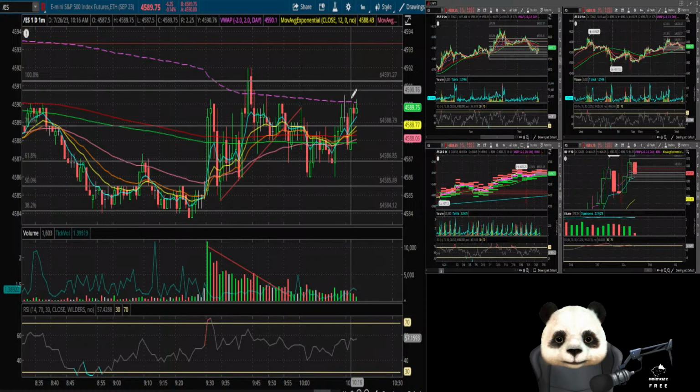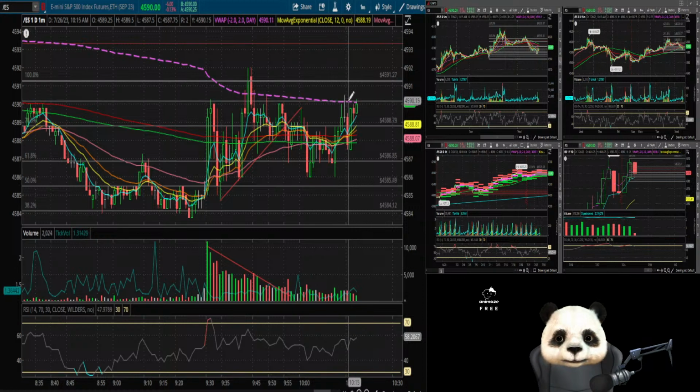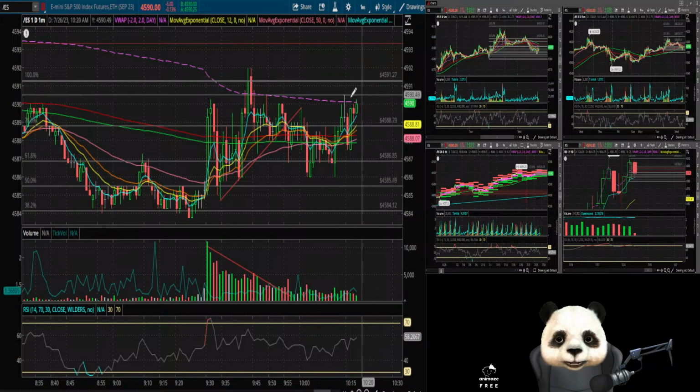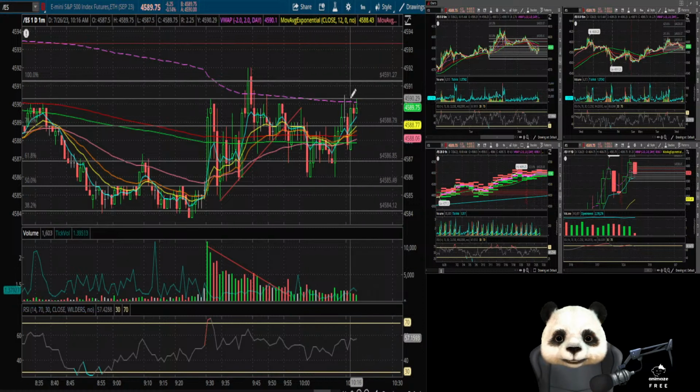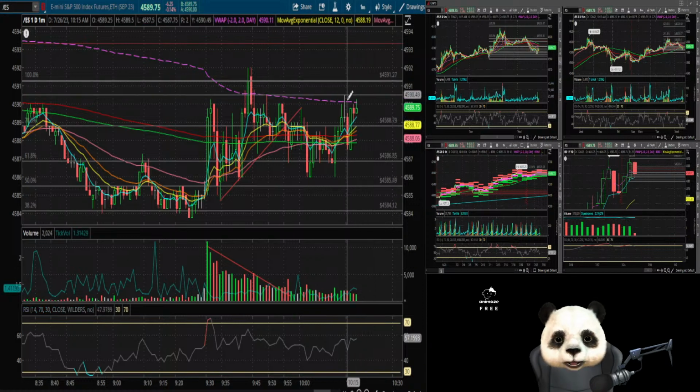So just on one contract to make $100, you would have been down 25 for a second. And then if you really wanted to make money, 10 contracts to make 1,000, 250 loss.